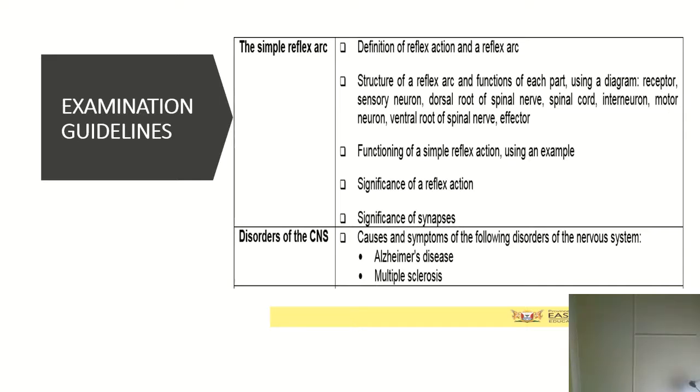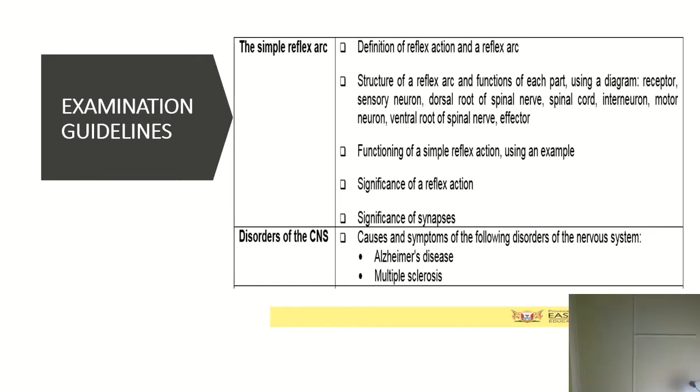So you need to know a receptor, and all those labels: sensory neuron, dorsal root of spinal nerve, spinal cord, interneuron, motor neuron, ventral root of spinal nerve, and the effector.